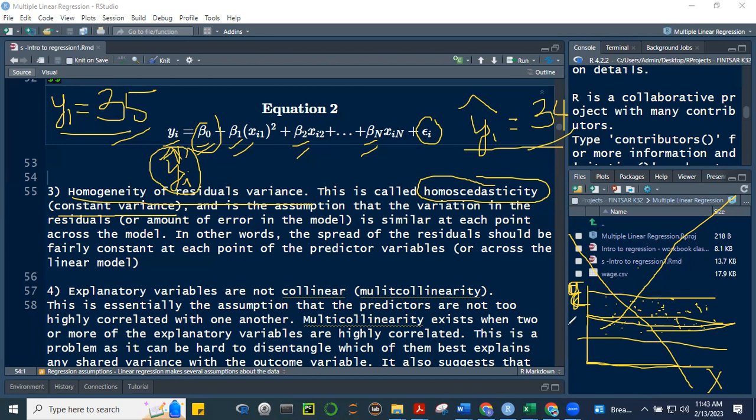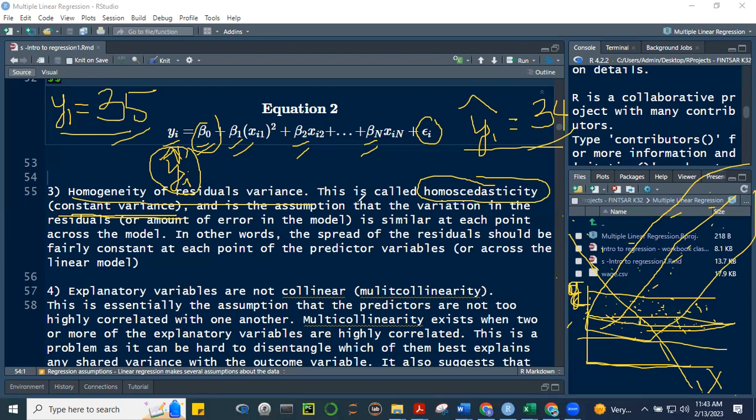If the variance is not constant, then the residuals will behave like this. It's either going up like this, or the residuals are going down like this. It has a trend. If the residuals behave like this, either going up or going down, that means the residuals are not constant. They don't display constant variance.